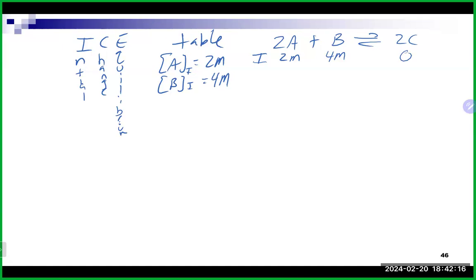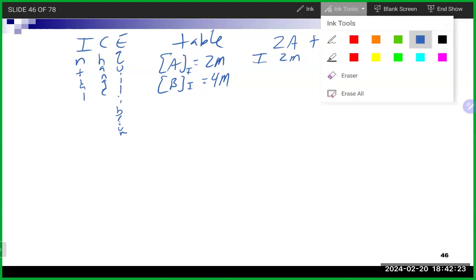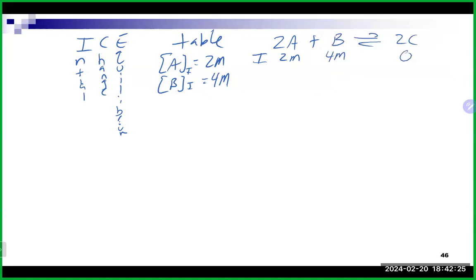The next part is really one of the most important parts of an ice table, and that is the change. Now, in this particular case, since we are not given anything about the product, and we have no product to start with, which direction should this reaction be heading, the forward direction or the reverse direction?